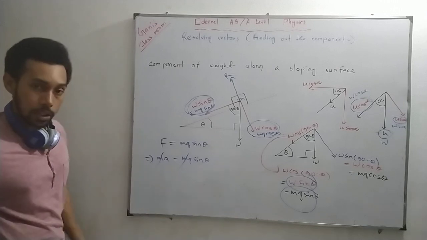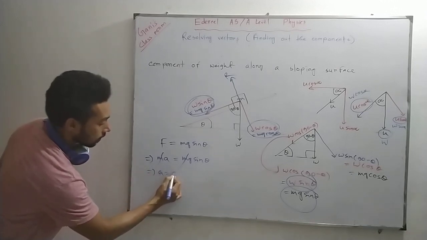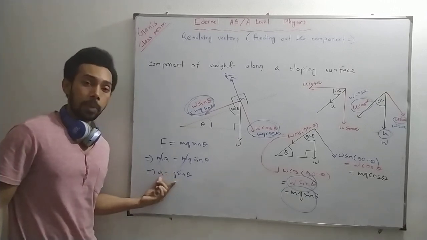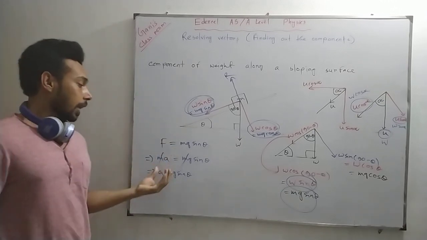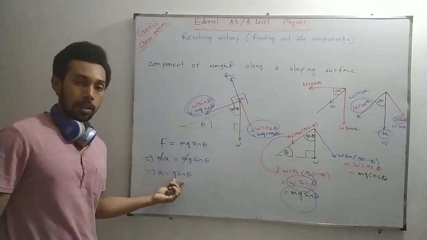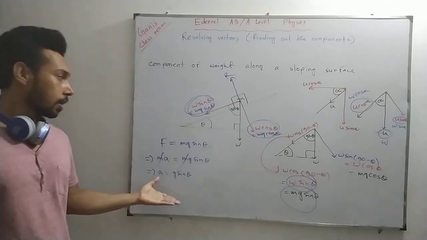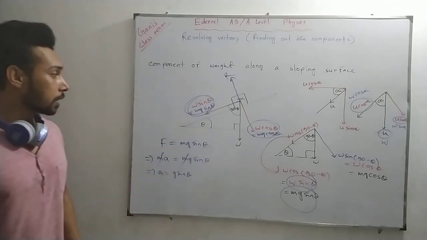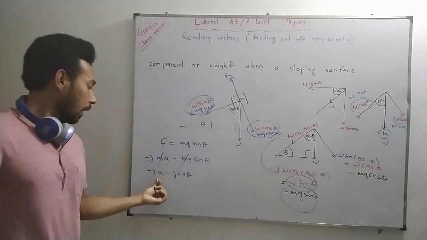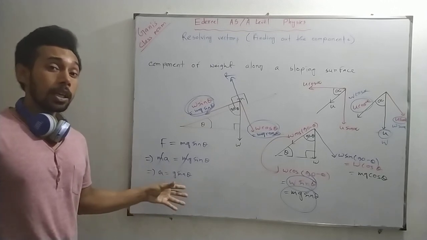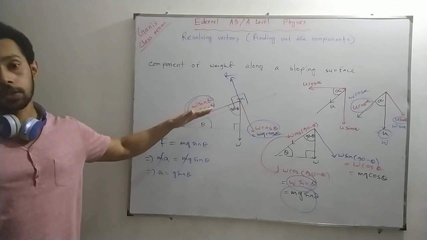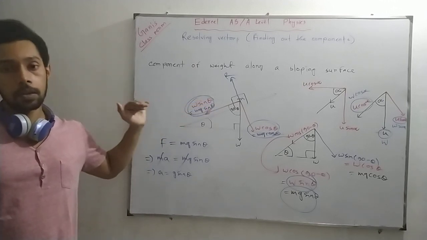Cancelling m from both sides, we find that a is equal to g sin theta. This is taught in your mechanics M1. The acceleration down the slope is g sin theta. You can use this formula directly while calculating problems in your exam. The acceleration along the surface is a equals g sin theta if the surface is considered to be frictionless or smooth.